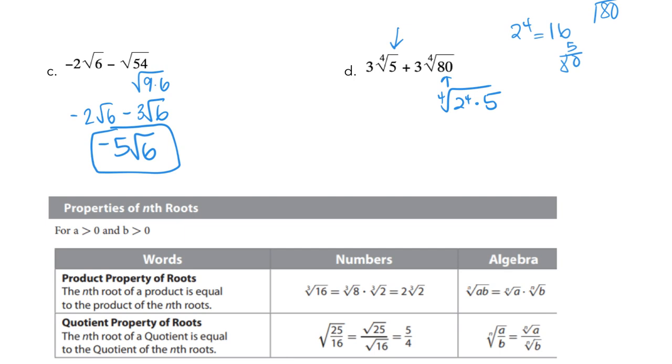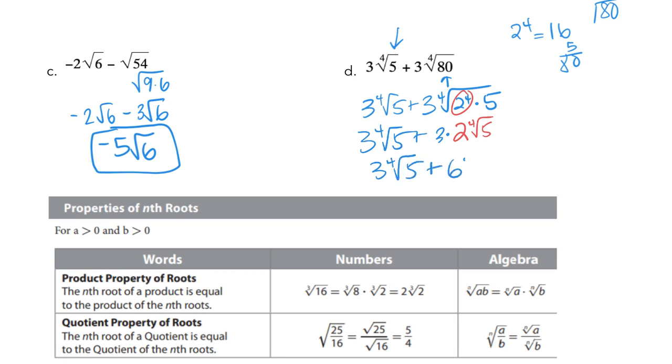Okay, so let's just simplify that. This is going to be 3 4th root of 5 plus 3. And then this 1/4 is going to come out. So it's going to be 2 times the 4th root of 5. And I'm going to bring everything else down. 3 times the 4th root of 5 plus 3 times. So this is 3 4th root 5 plus 6 4th root 5, which is 9 4th root 5.